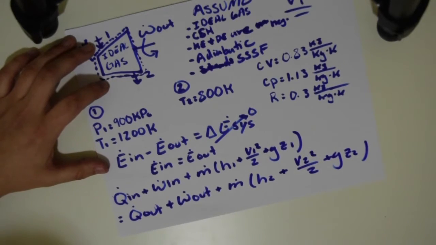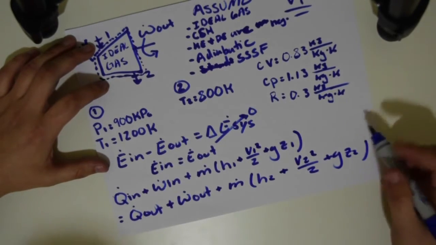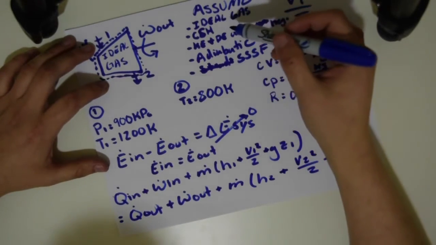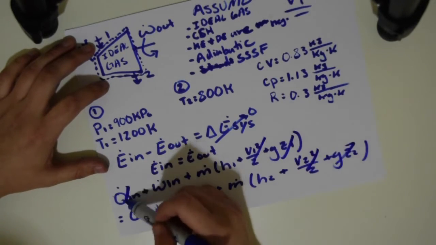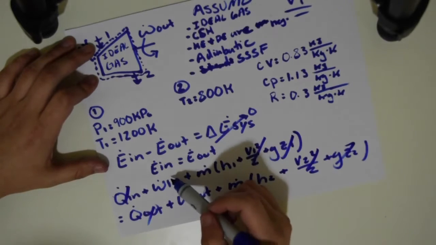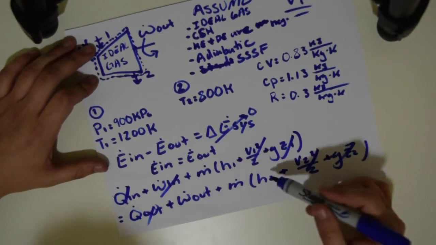After this, we can just start subtracting what we don't need. We said that KE and PE are negligible. It was an adiabatic turbine. Turbines only have work dot out, so there's no work in, and we're left with this equation.